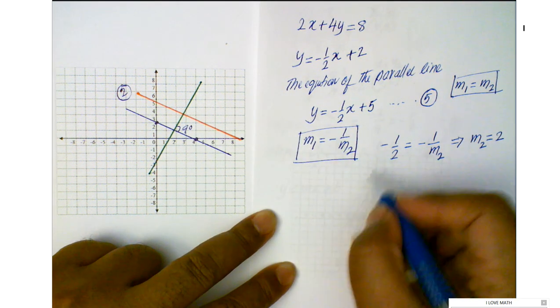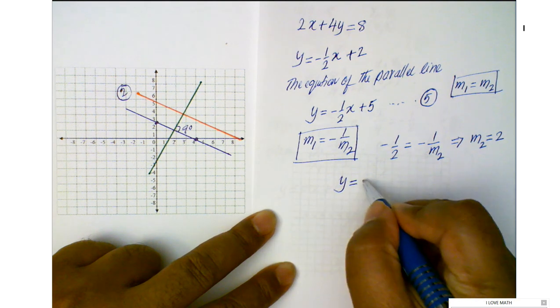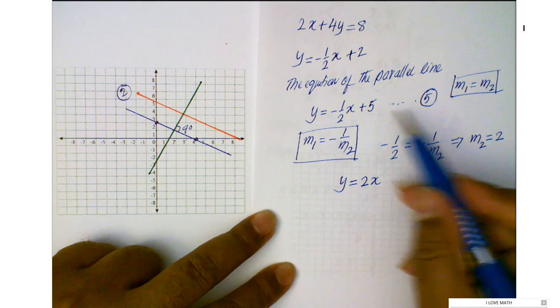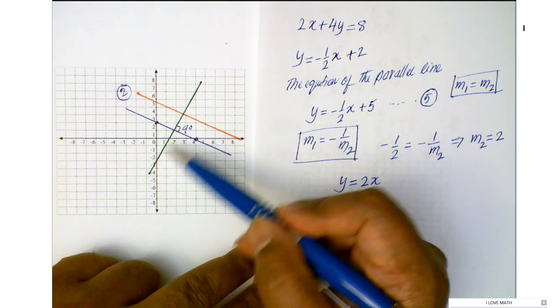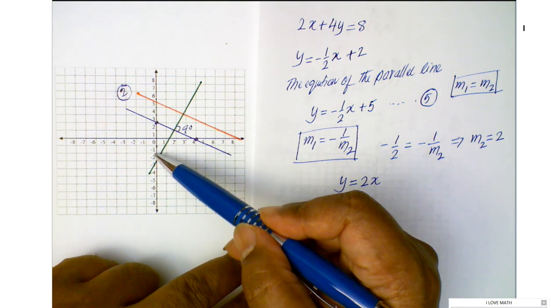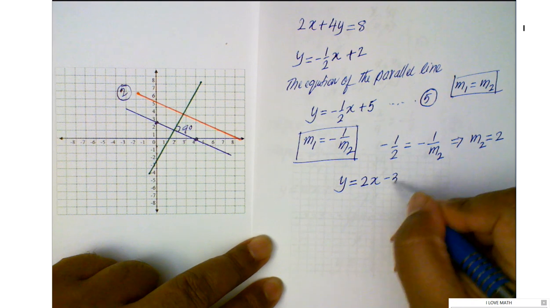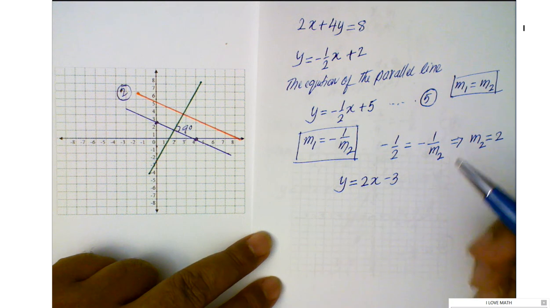So the equation of the perpendicular line is y is equal to 2x plus b. b is the y-intercept. So in this particular case, what is the y-intercept? 1, 2, 3, negative 3. So we can say minus 3. The main point is the slope.